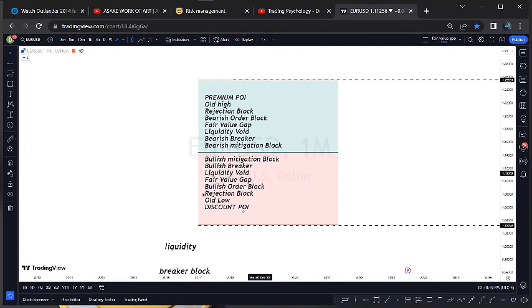Now, this downward part is called discount point of interest, discount zone, discount liquidity, discount whatever you want to add to the back, but it is discount. So let's imagine that you want to buy a particular pair. You are not going to buy it when it's very high, because buying at that price will be very costly for you.